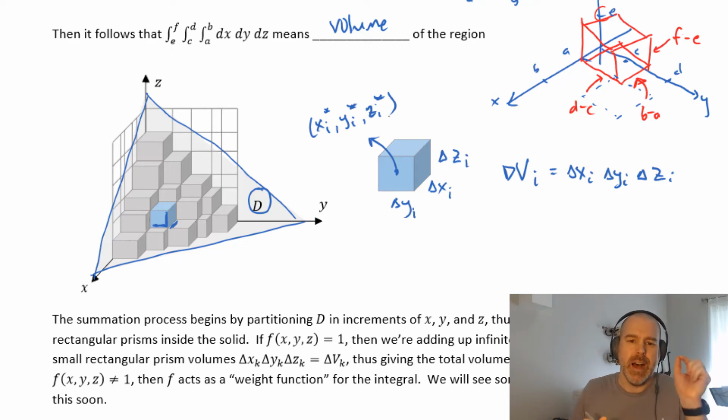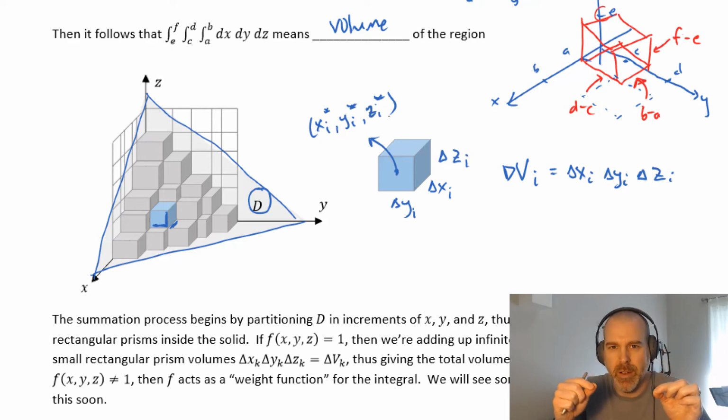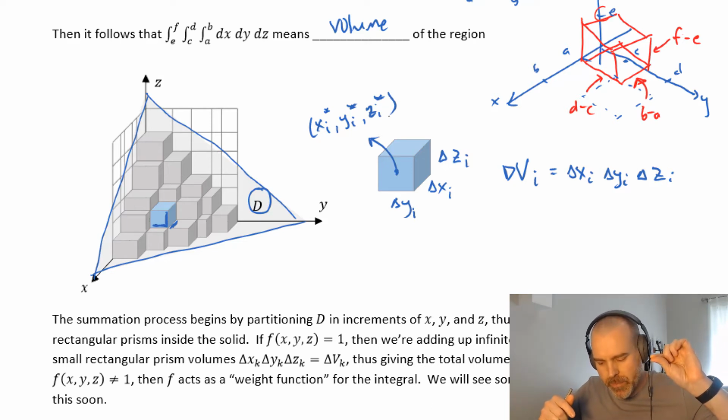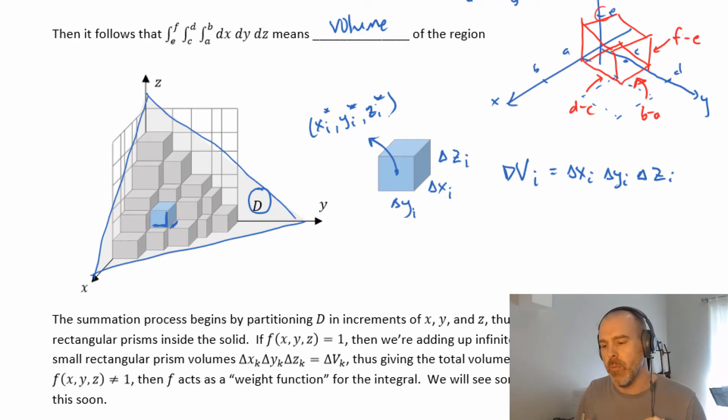I don't know if that's on a corner or in the middle somewhere. It's just an ordered triple that's in my box somewhere. And then I have a function of those coordinates. That function might be like temperature, so there's a temperature that depends on your location in space. That's kind of the easiest example.